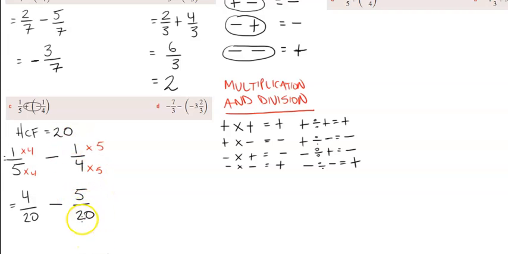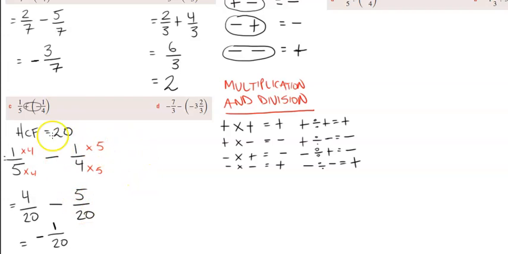So now we've got the denominators that are the same. So we know it's going to be something out of 20. 4 take away 5 is -1. So the 1 goes on the top, and our answer is -1 over 20.